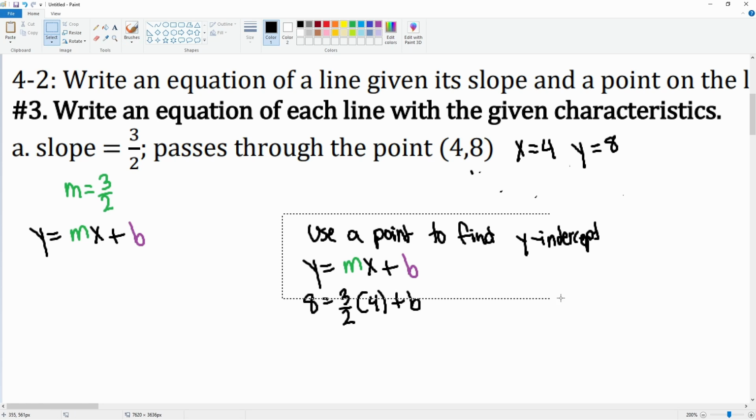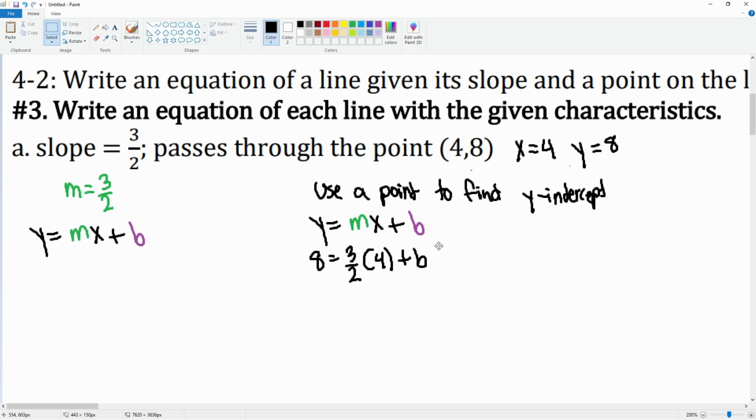Next you need to understand that when it's together like this, it's supposed to be multiplication. So this is really 3 divided by 2 times 4/1. 3 times 4 is 12. You just multiply across. 2 times 1 is 2. 12 divided by 2 is 6. So you can write 8 is equal to 6 plus b.